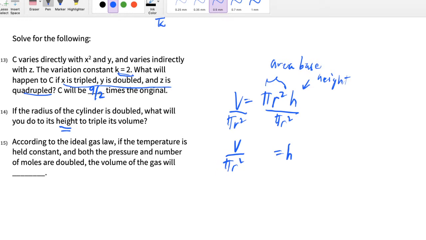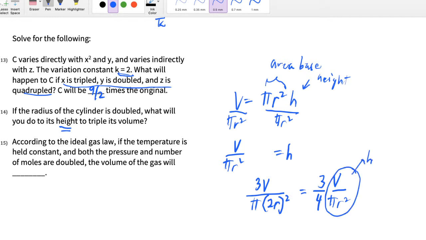So, if the radius is doubled and triple ng volume, so 3 times v over pi times 2r squared, that's equal to 3v over, ano yung 2 squared? 4, tapos ihiwalay ko na yung, ito. So, ito yung original na height.